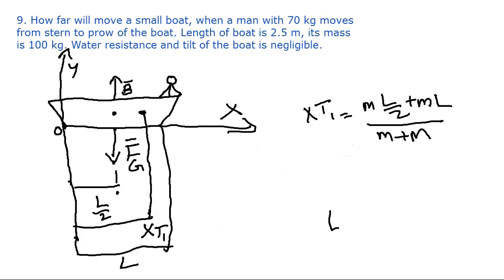That is the position of center of mass in the first case. Let us write this as equation number 1. Now we need to find what will happen if a man is moving from one end to the other end.